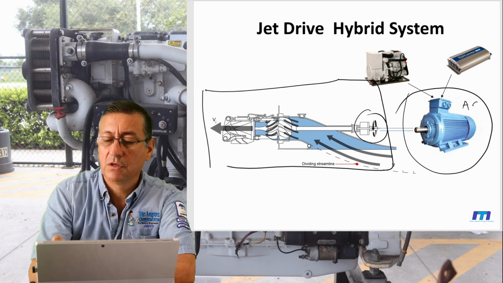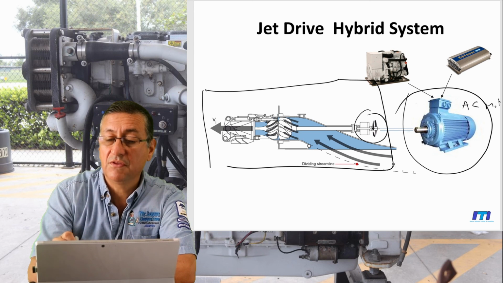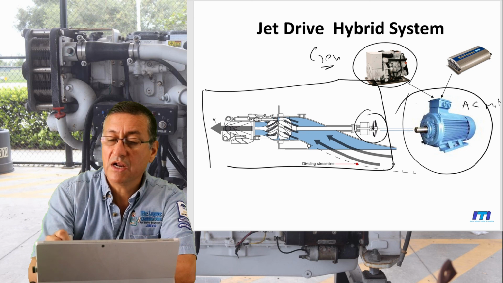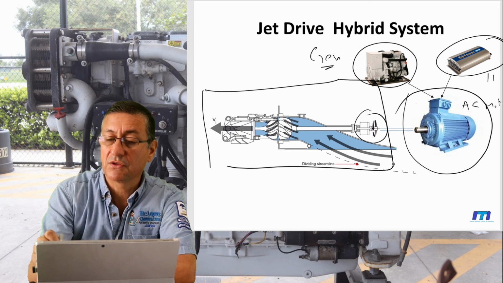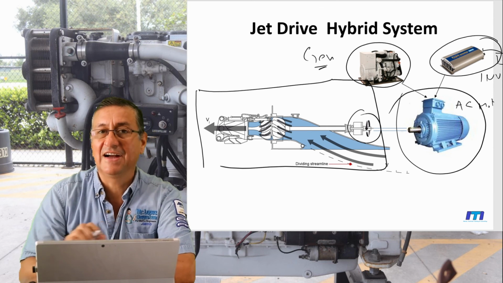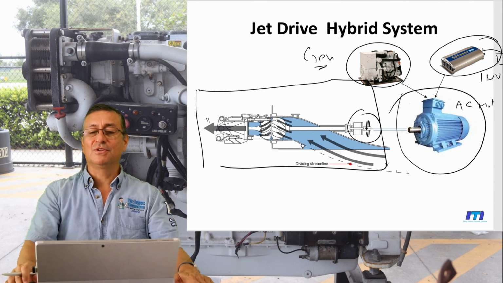An AC motor for high torque and high speed. And for the AC motor, you have two options. You can receive the power from a generator, or you can receive the power from a big inverter. And the inverter is connected with batteries, and the batteries receive power from the solar panel system. This is the hybrid boat that we are going to talk about later.